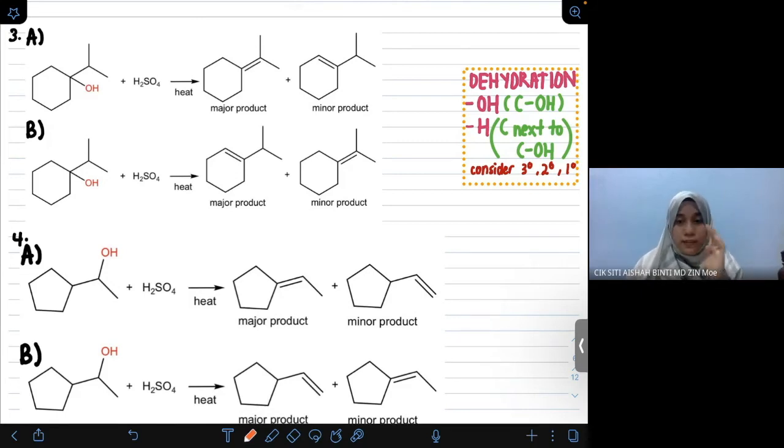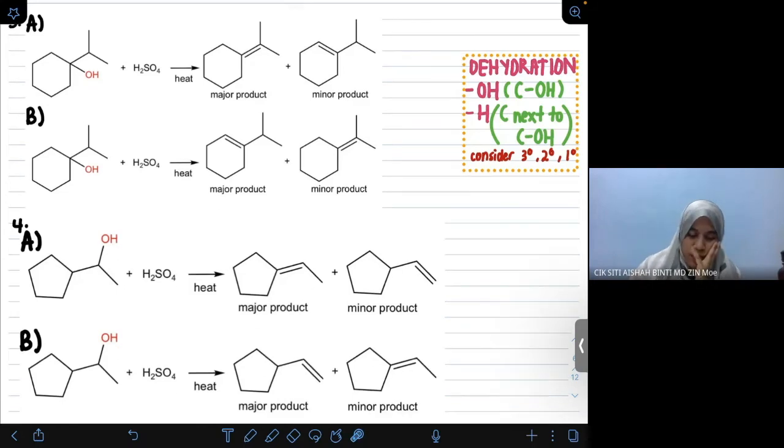For a skeletal structure, the hydrogen is not shown, kan. So make sure you determine the classification of the carbon next to it. Yang ini kita tak ada tengok di arrangement ke apa. We have to consider lah, each carbon must have 4 bonds. So mana yang carbon tak cukup 4 bond tu maknanya ada hidden hydrogen.